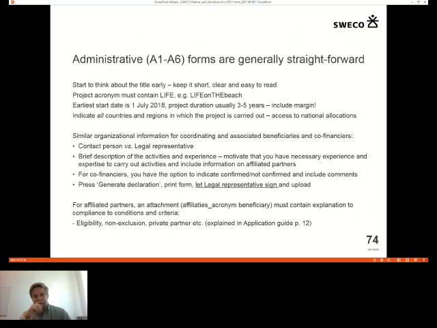Also, the project acronym is something that is used very widely. In the application guide, it says that the project acronym must begin with LIFE. I think that was the case in earlier years. In the application system, it says that the project acronym must contain LIFE.